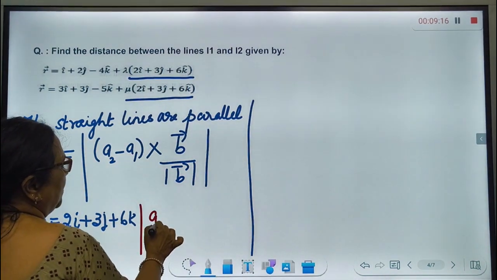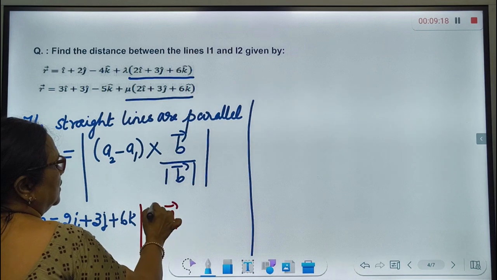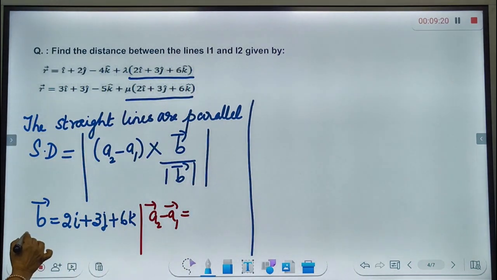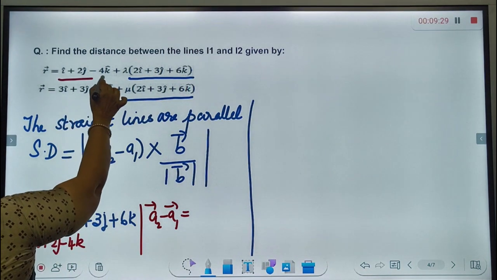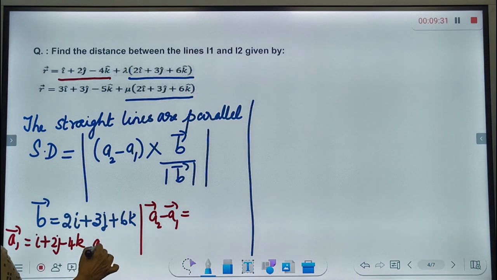Now a2 minus a1 is given by, before that, what is a1 vector? A1 vector is i plus 2j minus 4k. What is a2 vector?